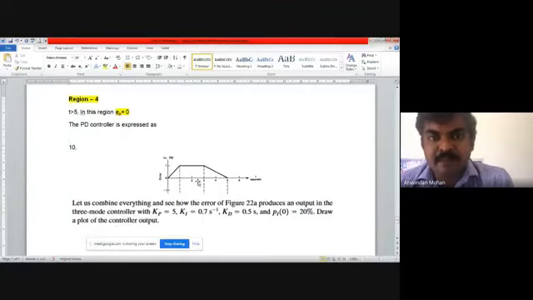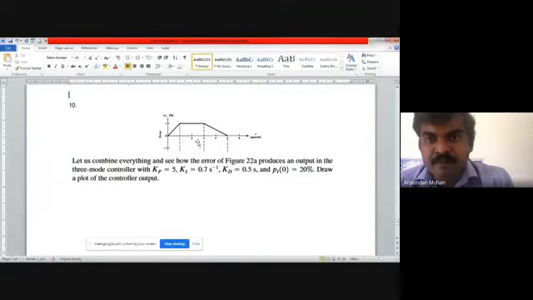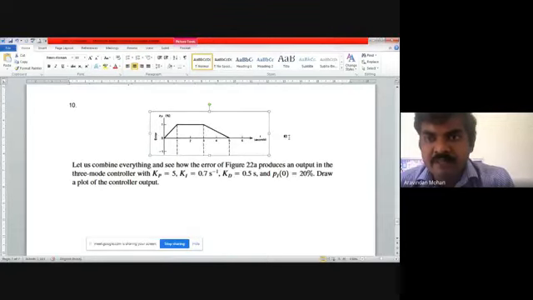So let me take this particular problem. This is the error graph of the error which has occurred in a particular process. In this error graph, we can see that the error is initially at a value of 0, and after t greater than 0, it increases to a magnitude of 1 in the interval 0 to 1.